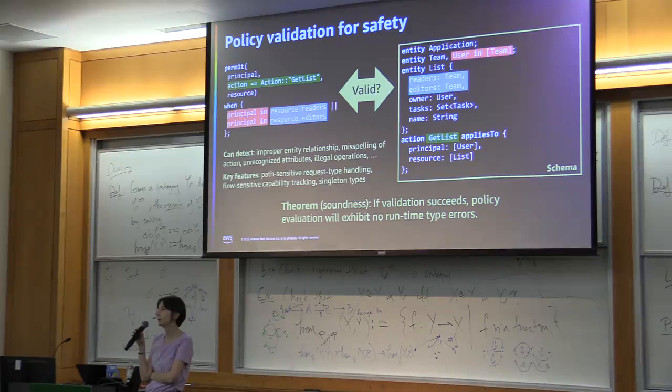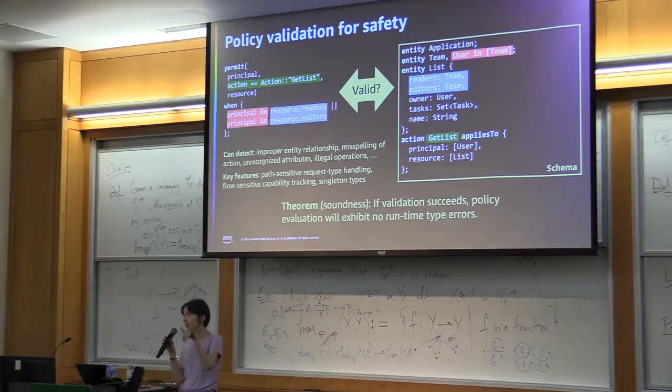Maybe it applied to both users and bots, and to both lists and albums, right? In that case, the type checker is going to take the cross product of those two sets, and then type check it in every environment in that cross product. So it's actually path sensitive with respect to the method signature.